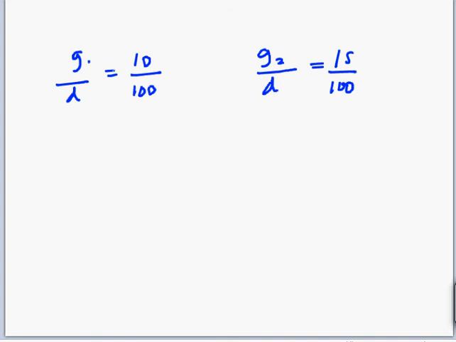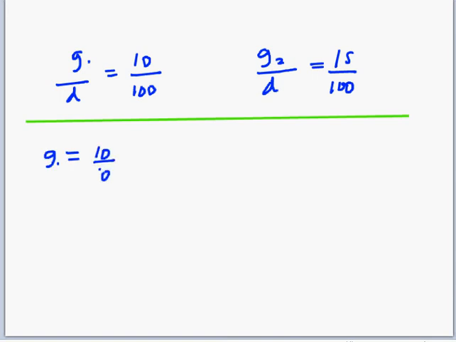All right, so let's put up another piece of paper, or not paper, but electronic paper. So we have G1 is to D as 10 is to 100, and G2 is to D as 15 is to 100. Let's go ahead and write this out. And our depth was 6 centimeters. So G1 is 10 divided by 100 times 6.